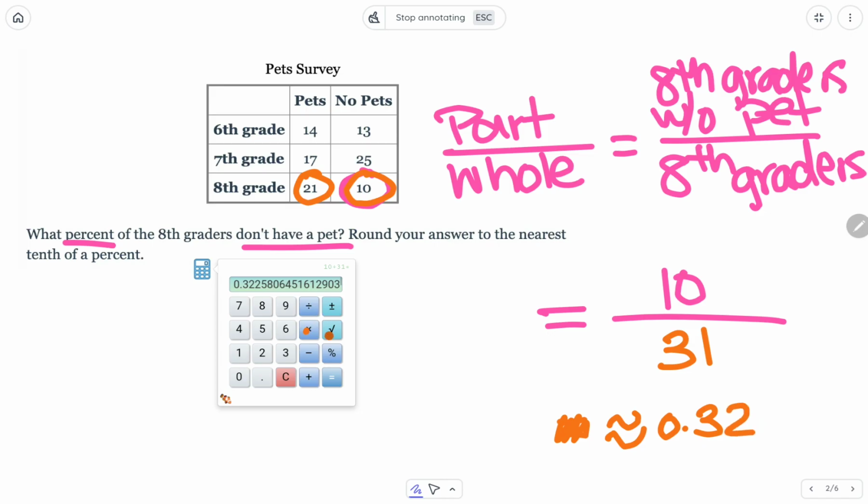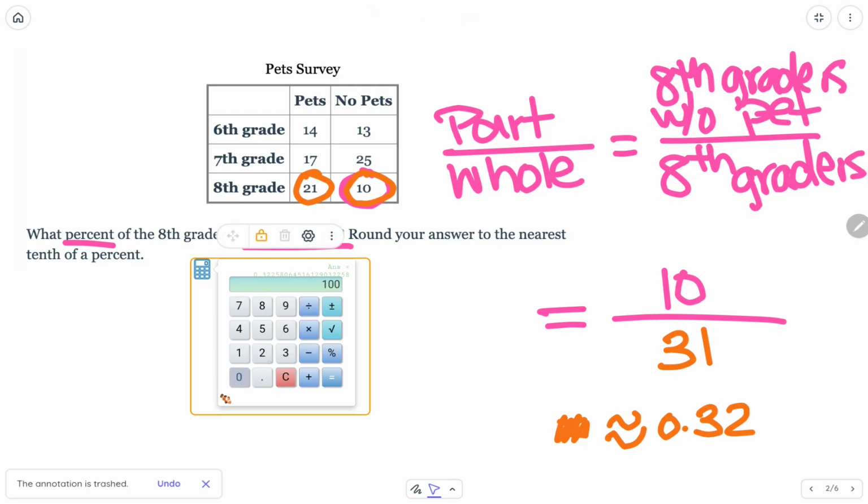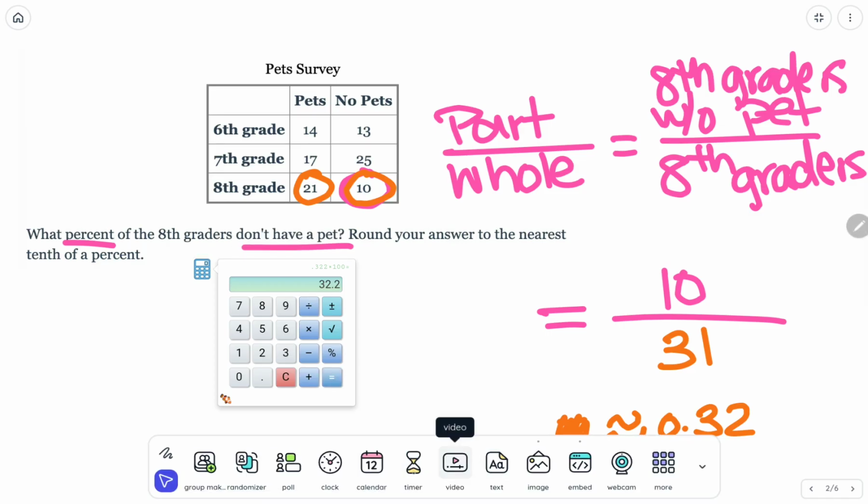And then we would multiply this by 100. That's just how you find a percent. You do the part divided by the whole, and then you multiply by 100, because remember that a percent is out of 100. Per means out of, cent, as in like century, means 100. So as a percent, this is going to be 32%.